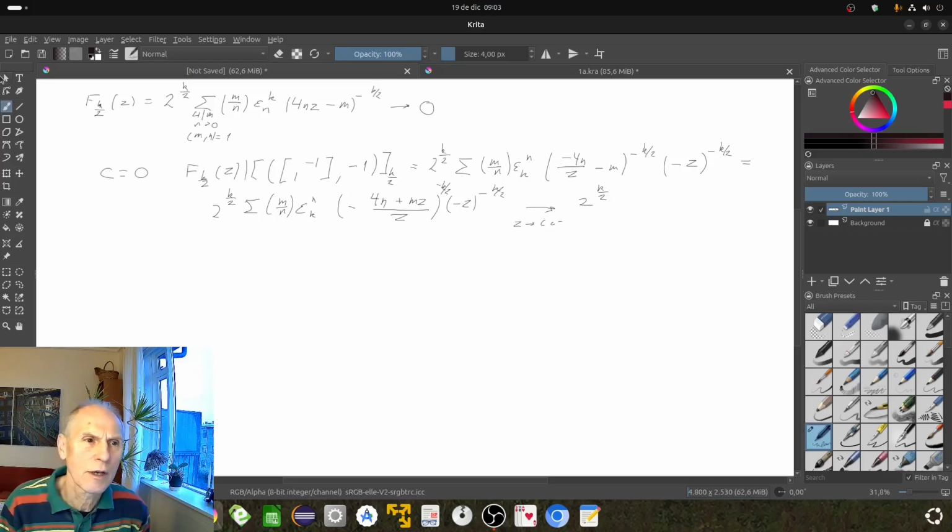Where this gives unity. Or does it? N was 1, so it's actually, oh, it's not epsilon k, it's the opposite way, it's epsilon n divided by k, to the power of k.